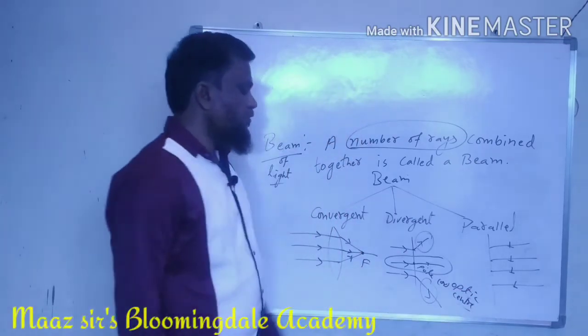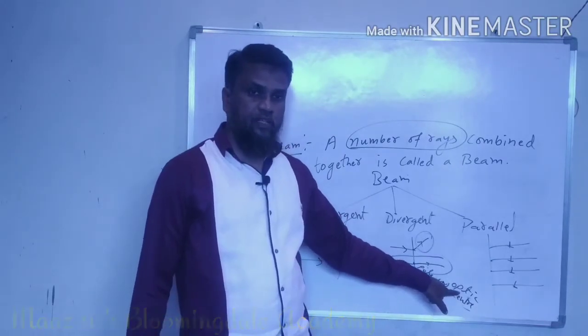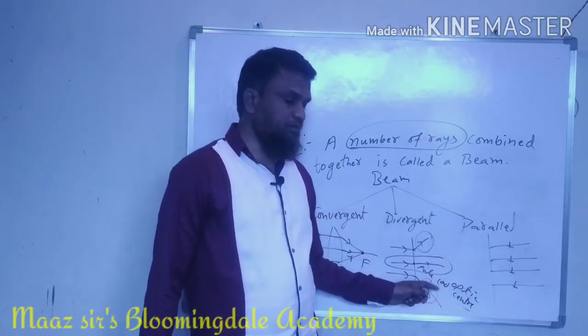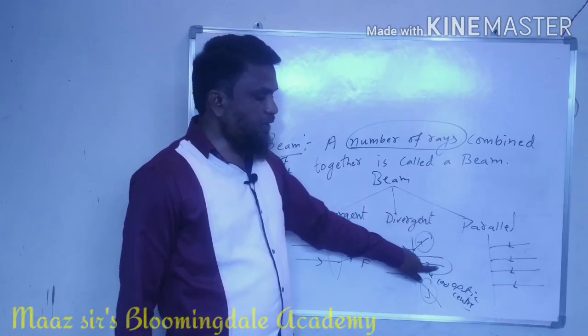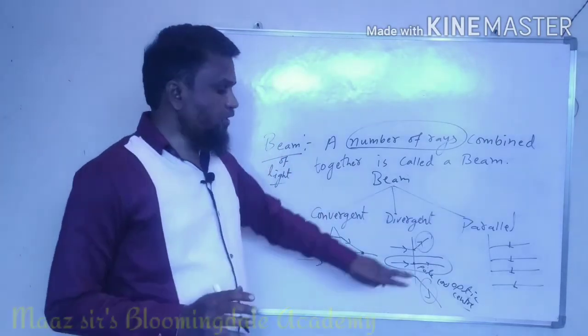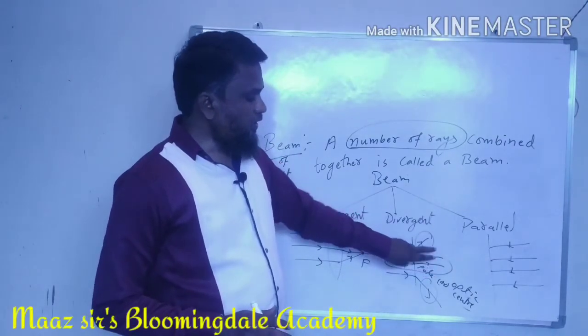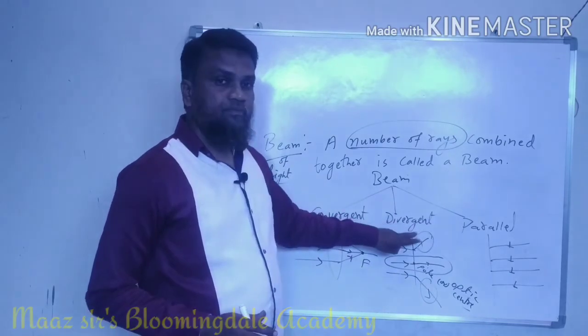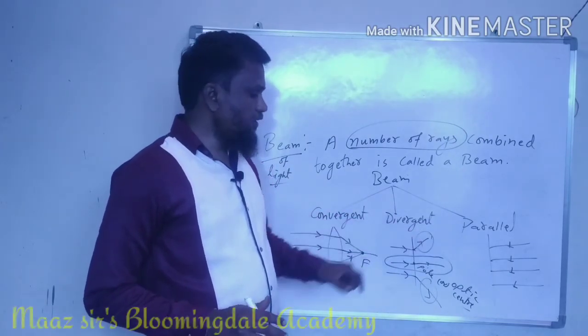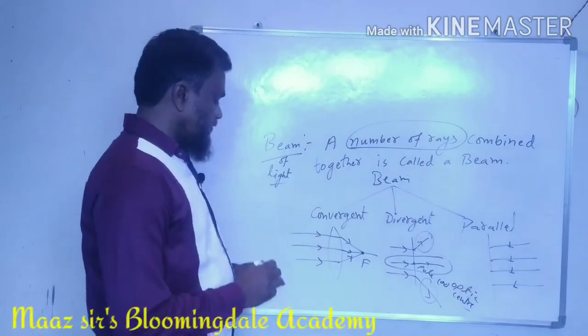Generally when we are discussing a lens, we talk about the optic center, or you can say pole also. So this ray is passing through the pole, so that's why it does not come under convergent or divergent. This is the important point you have to remember.